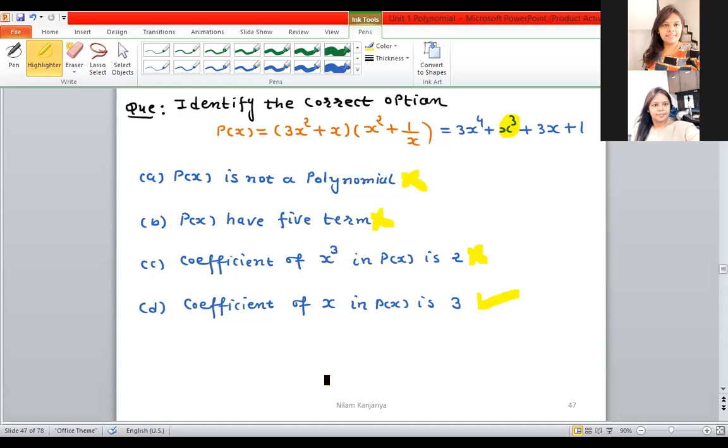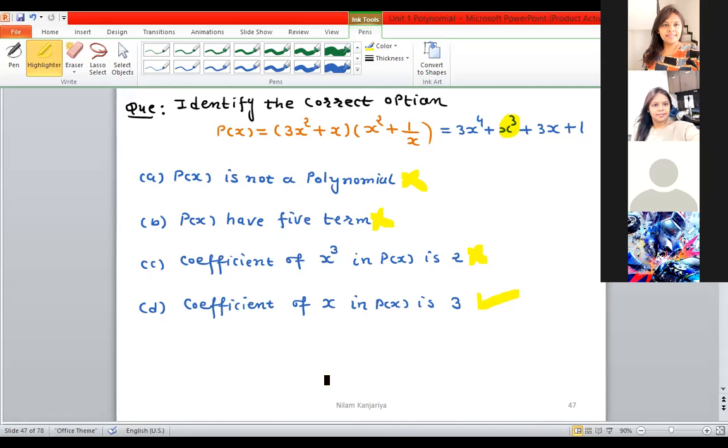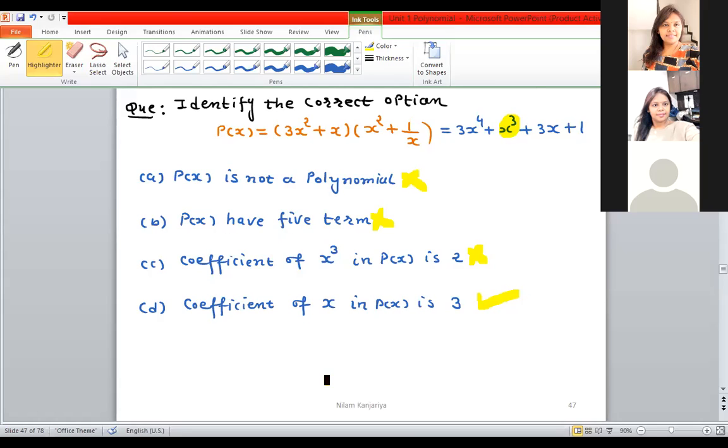Okay. 17, 18, 19. Yes, ma'am. Okay. 20. Done. 21. Present, ma'am. 20 and 21 both present. Okay. 22. Present, ma'am. Now is any student remaining?